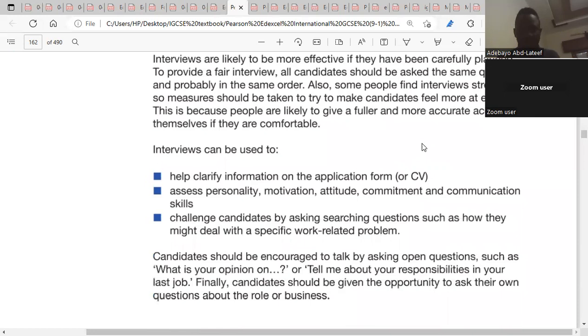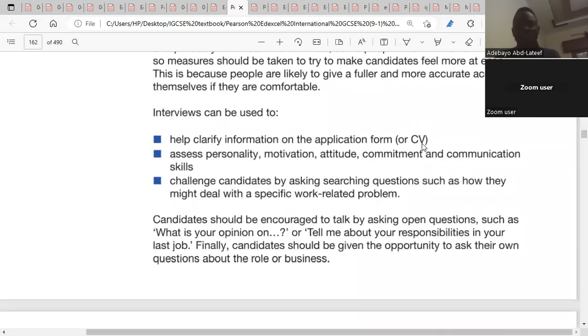So they said interviews can be used to help clarify information on the application form. With interview, I'm going to ask you questions about your CV to be sure that it's yours. With interview, we'll be able to know if you have the communication skills or not.